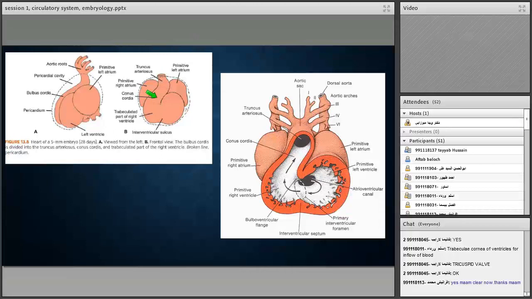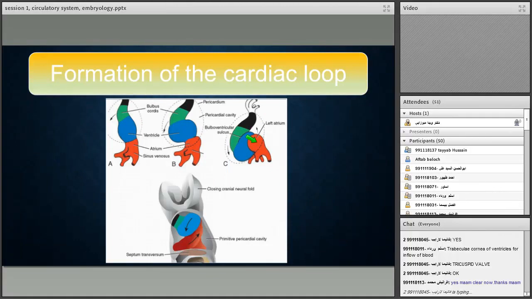This change in position is the result of the formation of two transverse dilations of the common atrium. You have seen, look here, the common atrium, this red part, is entering into the pericardial cavity and is placed behind the blue, green, and black parts.